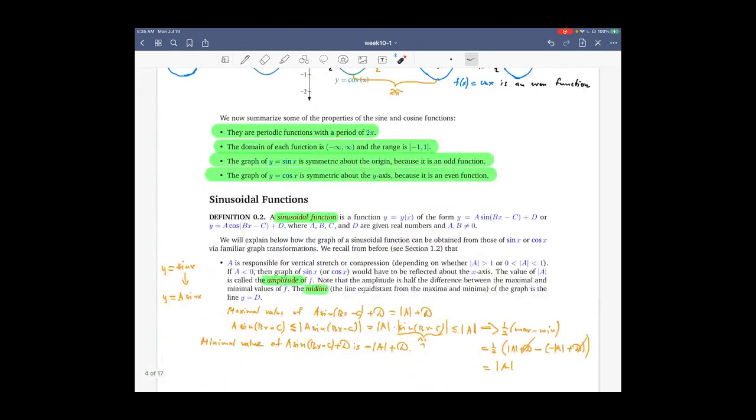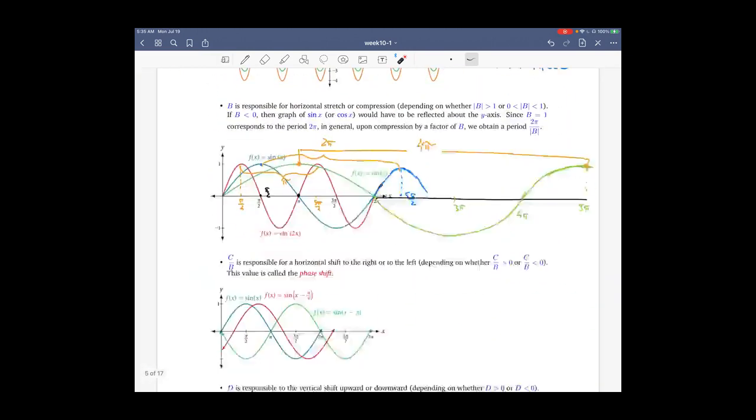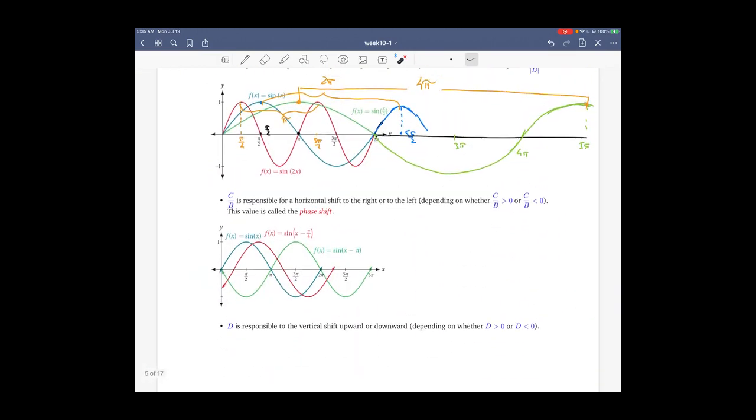Now, what about this number C? What does that change? We know that it affects the horizontal shift, because if we now write our function a times sine bx minus c plus d as a times sine b times x minus c over b, which is more convenient for us, we see immediately that c over b is a horizontal shift.